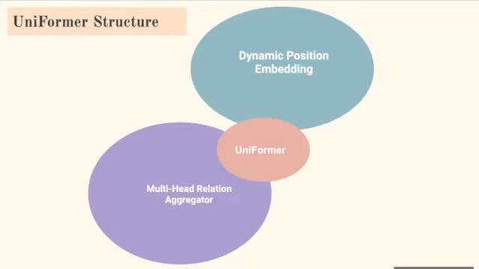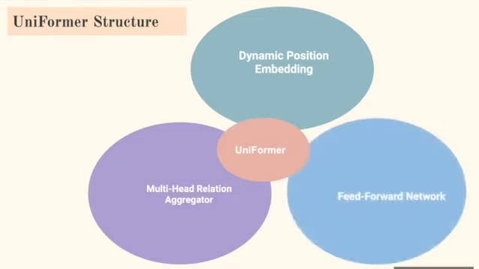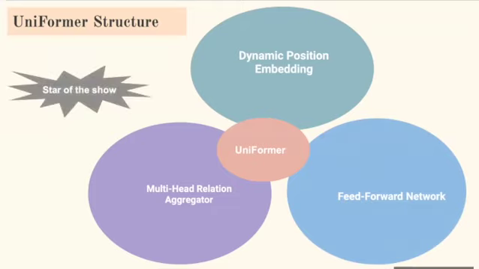Then we have the multi-head relation aggregator, the second component, and the third component is the feed-forward network. These 3 are the main modules of UniFormer, but as per the writers, the star of the show is the multi-head relation aggregator, and I'll explain why they say so.